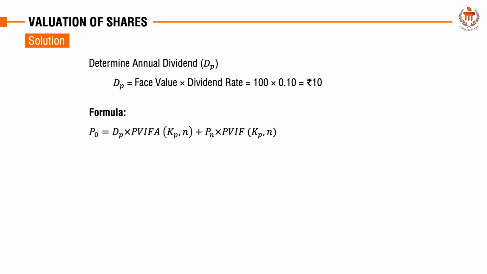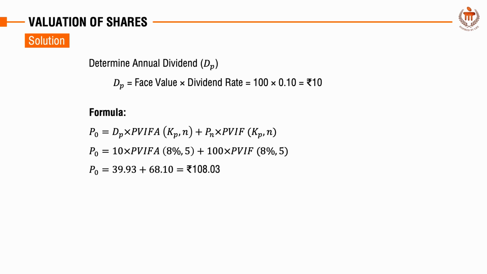Let us now substitute these values in the formula. Here we will use the present value factors formula. You can use the alternate approach also as taught earlier. Substituting the values, we get P0 = 10 × PVIFA(8%, 5) + 100 × PVIF(8%, 5).